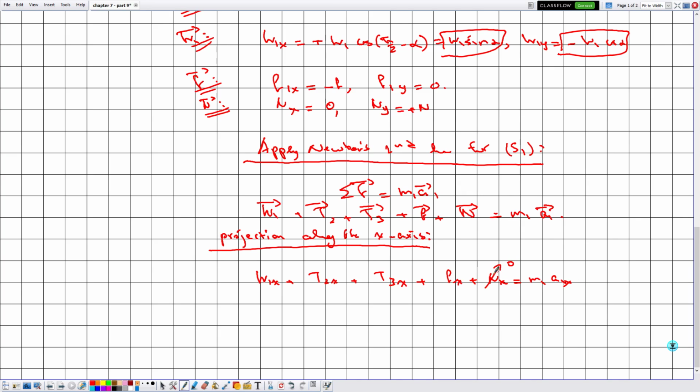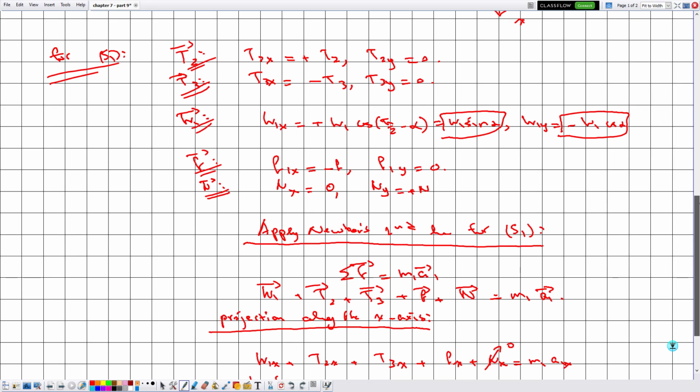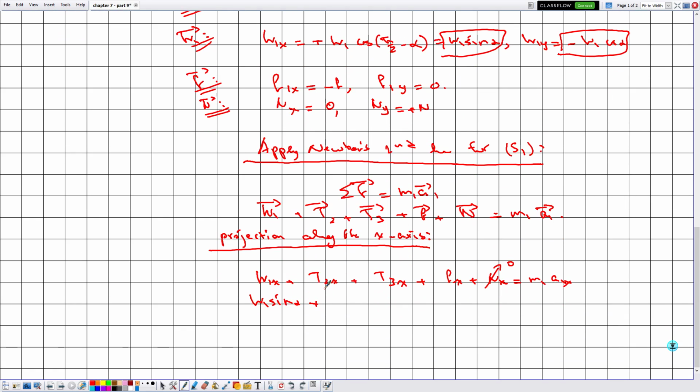This is simply 0. Now W1x is given by W1 sine alpha, plus T2x is given by T2, minus T3 minus F, which is equal to M1 a1x.